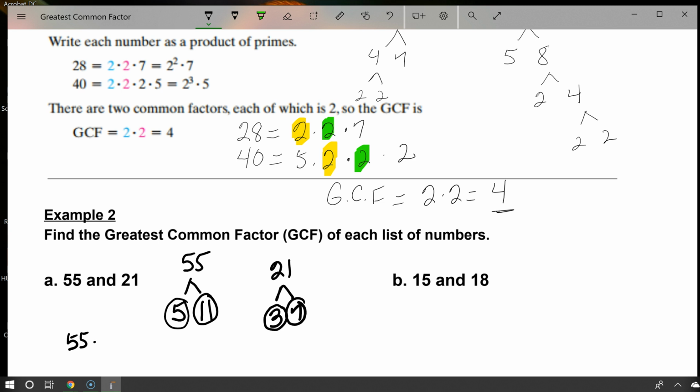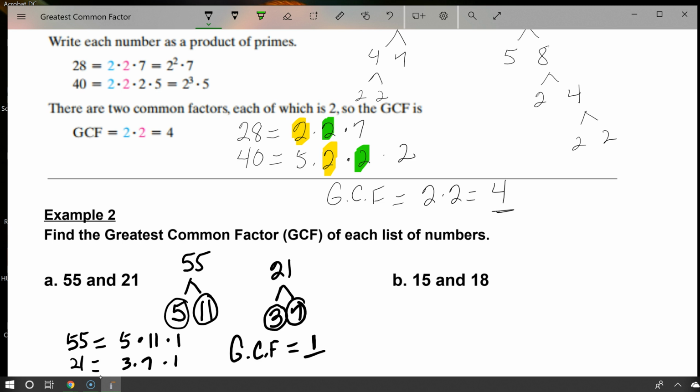So 55 is equal to 5 times 11, and 21 is equal to 3 times 7. You're probably thinking to yourself, they don't have a number in common, but they do have one number, and that is 1. So the greatest common factor between 55 and 21 is 1.